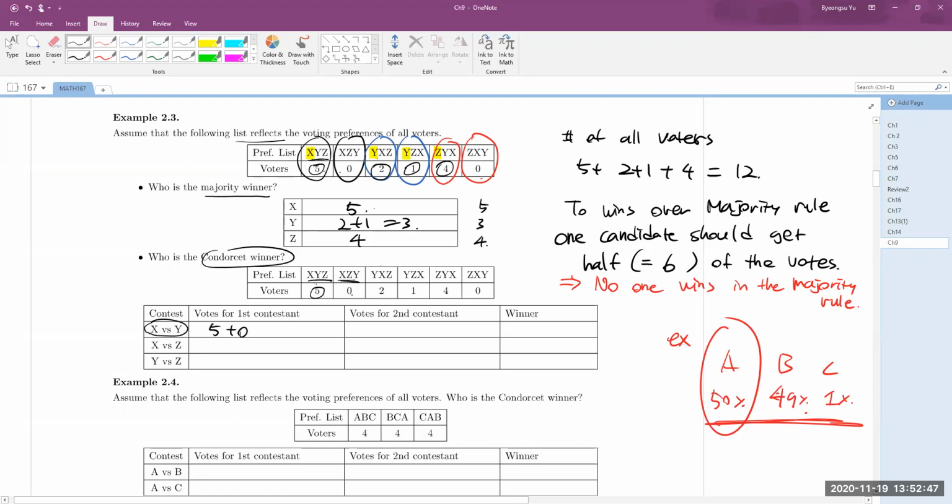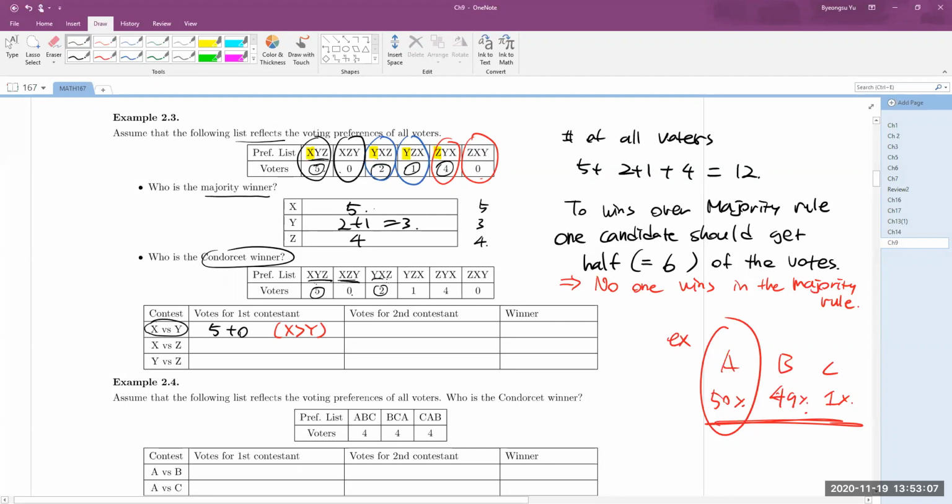And so this is for X is greater than Y. In case of Y, X, G, it means that 2 voters think that Y wins X, right?